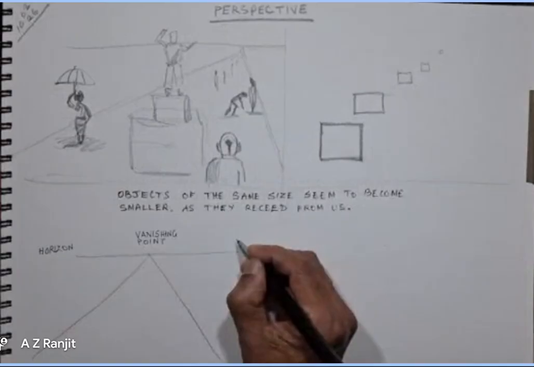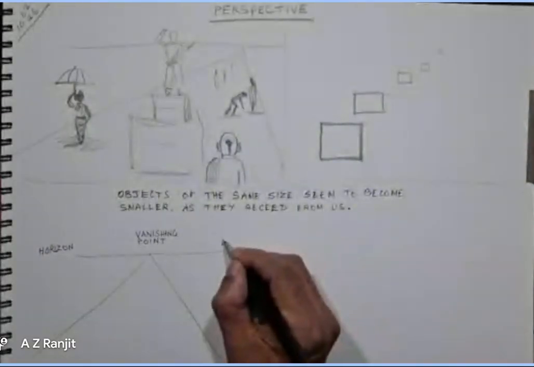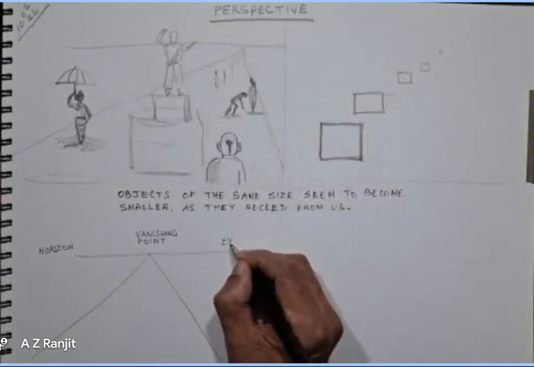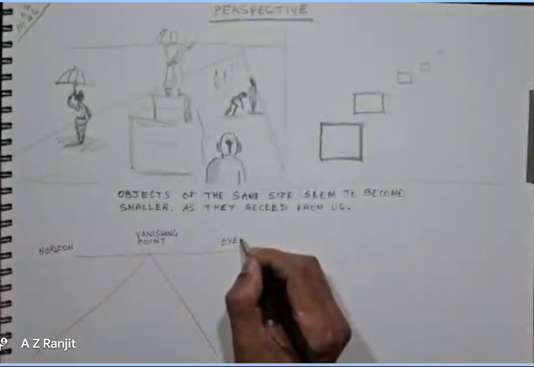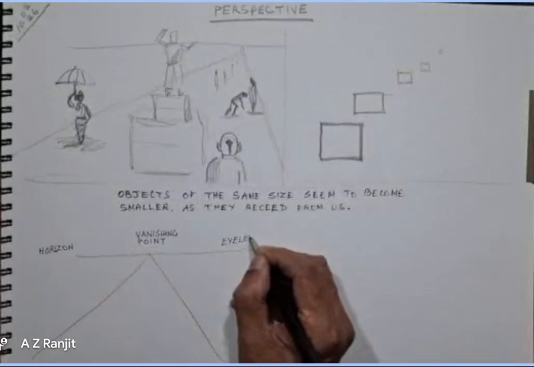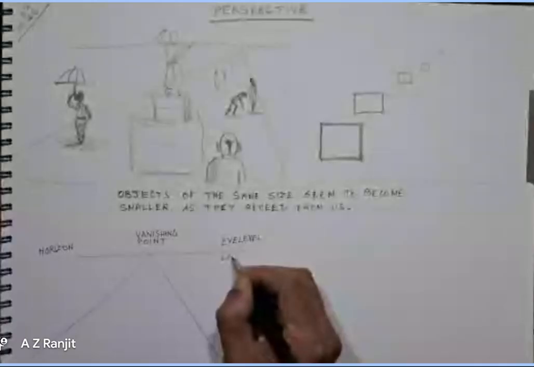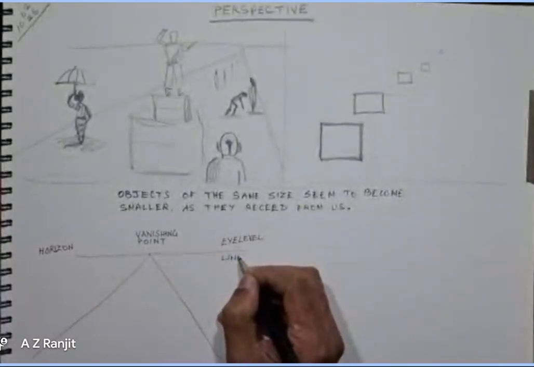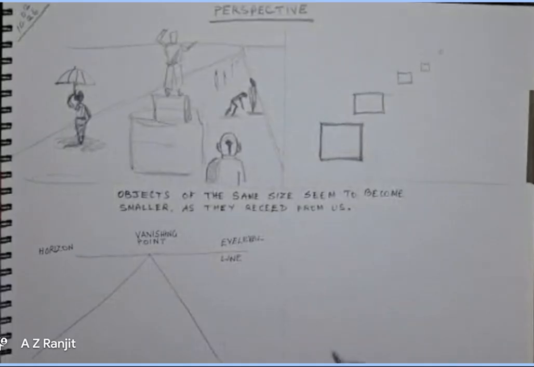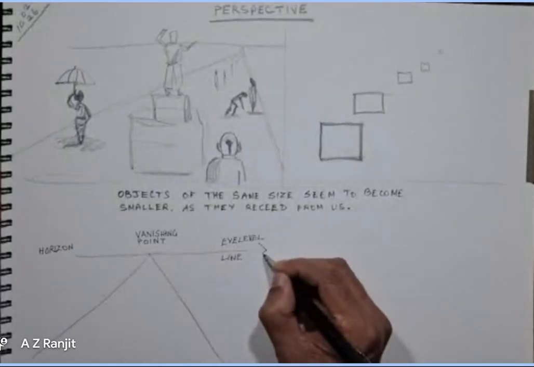Okay, let me just write it. Two words, and we also give it a symbol. What is the symbol? It's like that.